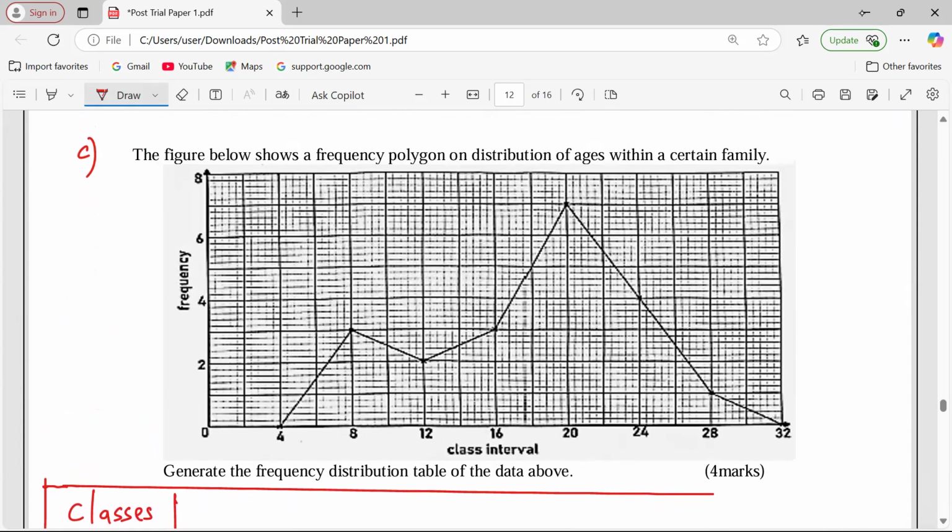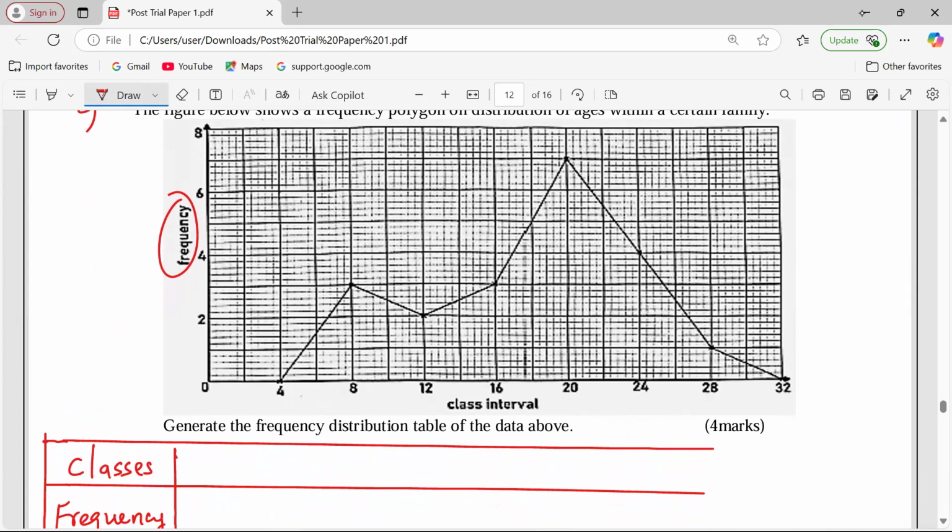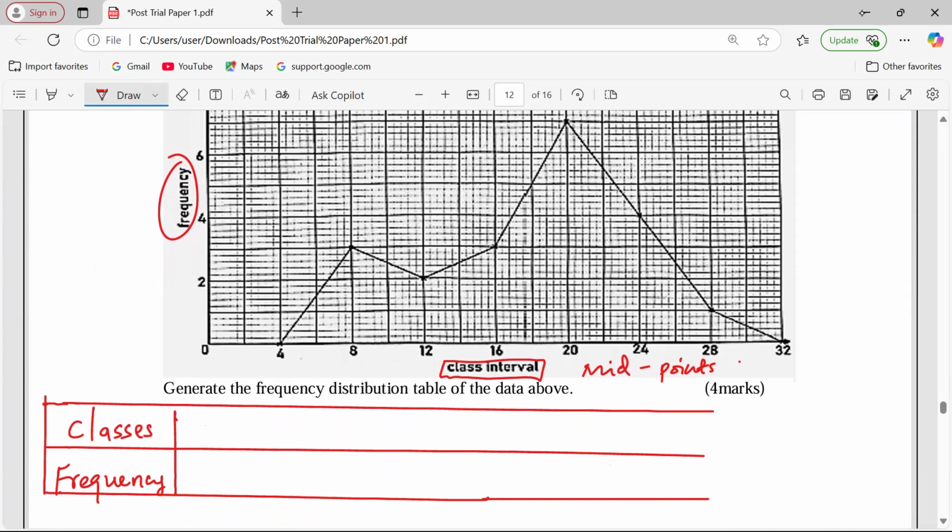So in this graph, we are having frequencies against class intervals, not really. And even if they are class intervals, what has been plotted is what we call the midpoints. So midpoints have been provided.